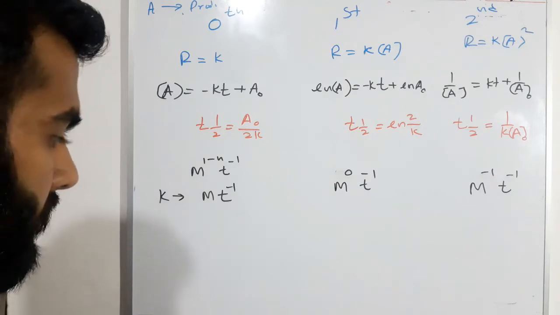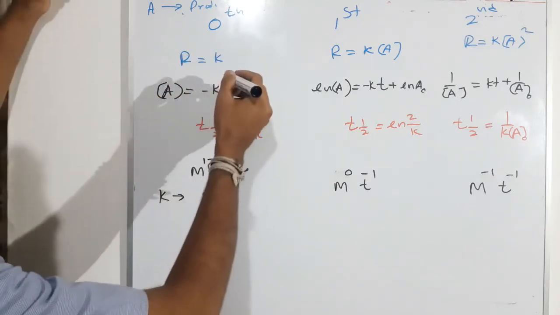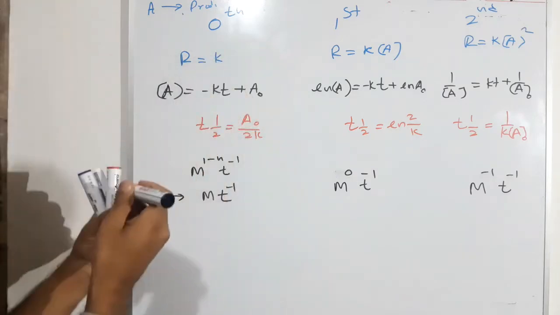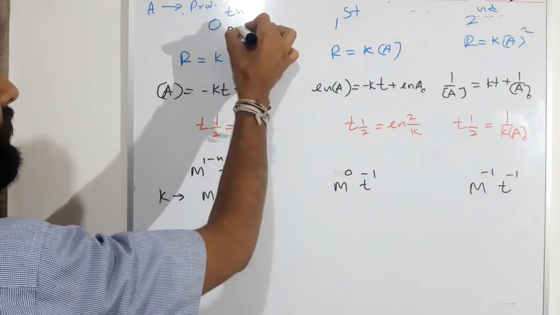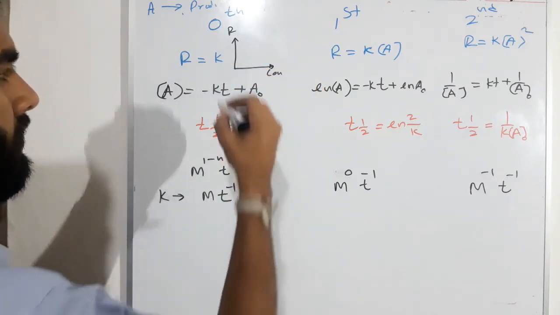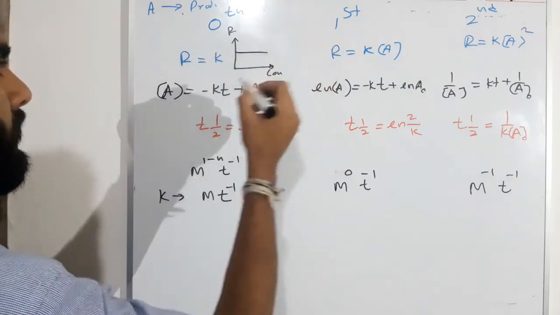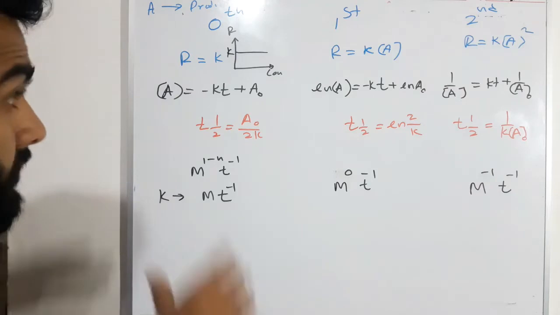What about the graphs? According to the rates, here is the rate versus concentration diagram. It was a constant in zeroth order reactions.